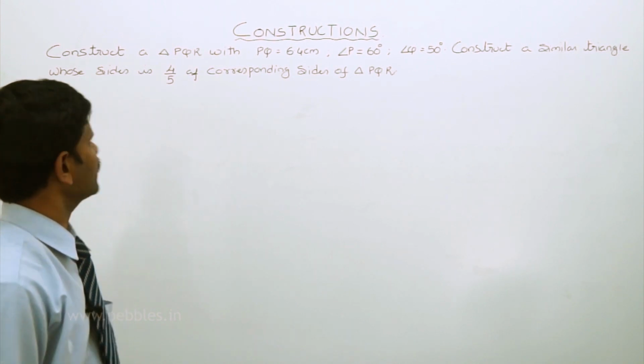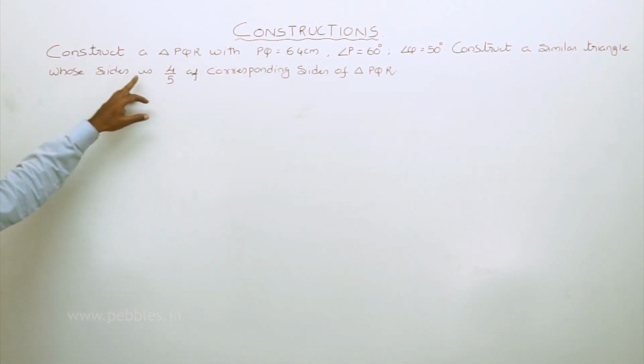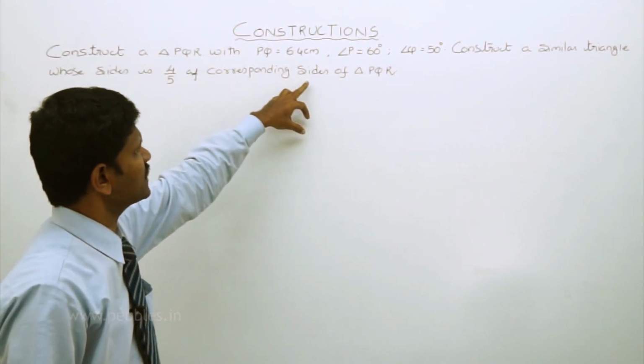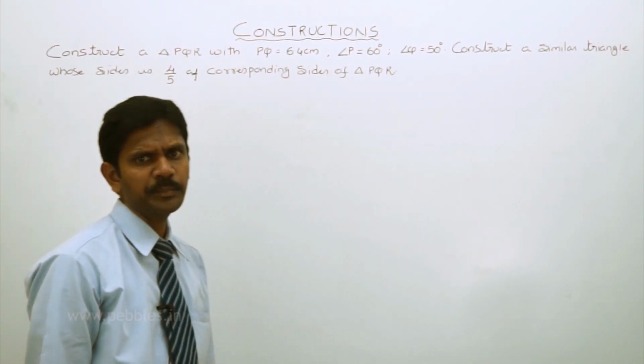Now construct a similar triangle whose sides are 4/5 of the corresponding sides of triangle PQR.